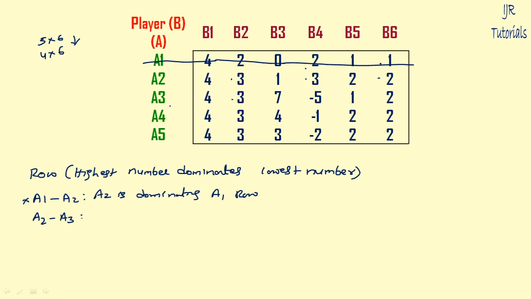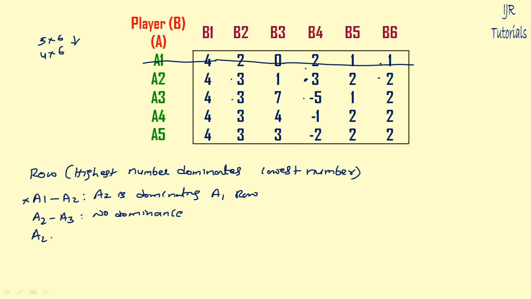That means up to 3 numbers A3 is dominating A2. But if you see 3 and minus 5, here 3 is dominating minus 5. That means A2 is dominating A3. So up to 3 numbers A3 is dominating A2, but after that A2 is dominating A3. That means no domination exists. No dominance.